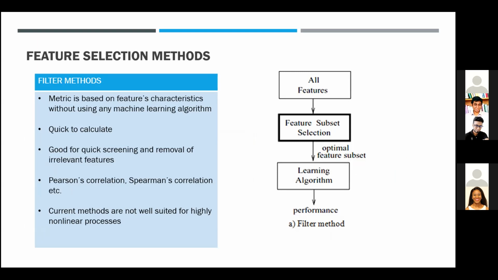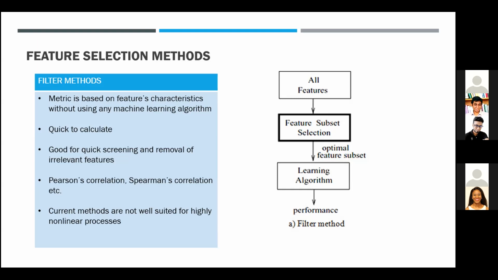Basically, there's a metric, and the metric is based on the feature's characteristics without using a machine learning algorithm. So you have a set of X values and you have a Y value, and you develop a metric to determine how good a predictor the X value is of the Y value.